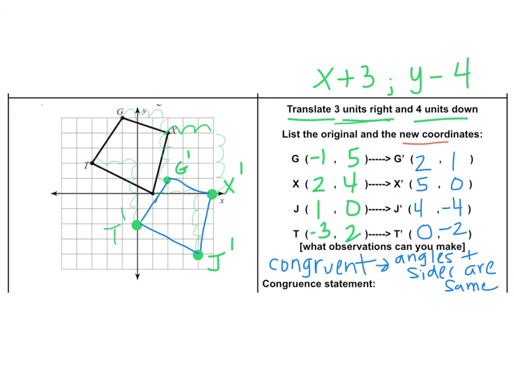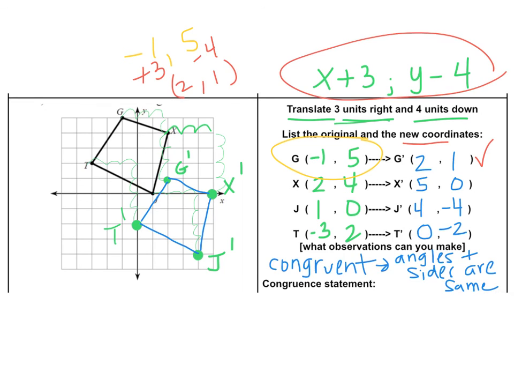And let me just show you mathematically, if we did -1, 5, and we add 3 to the -1, and we take away 4 from 5, so we use the rule, we're going to get 2, 1 for our new ordered pair, which is what we got. So you could use the rule mathematically to get your coordinates as well.